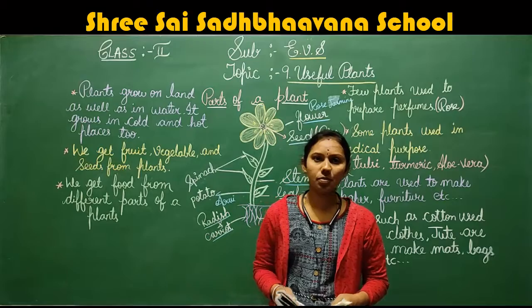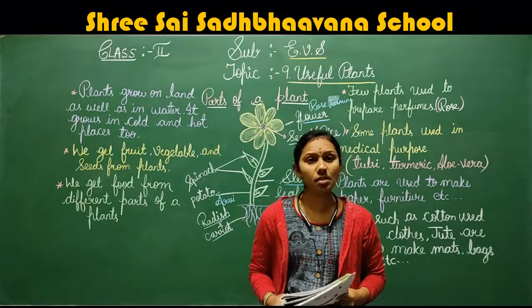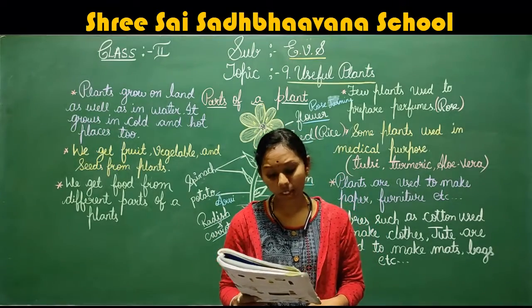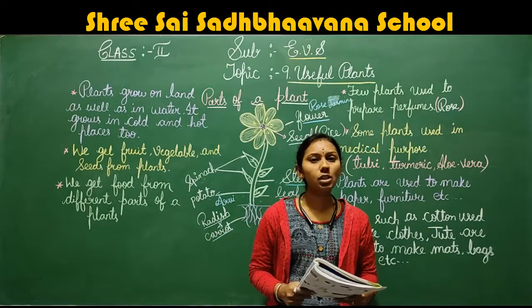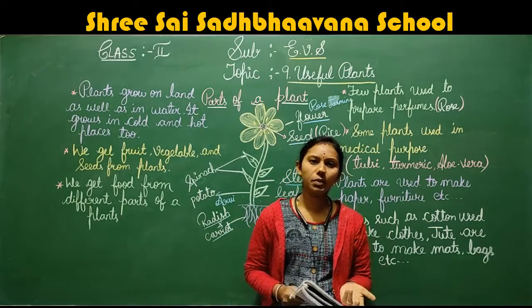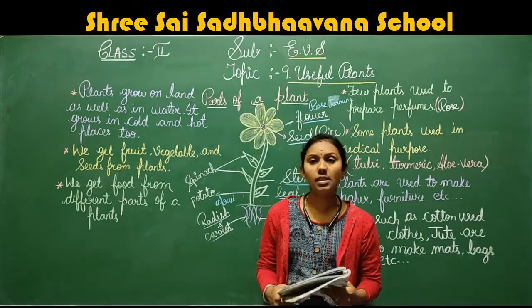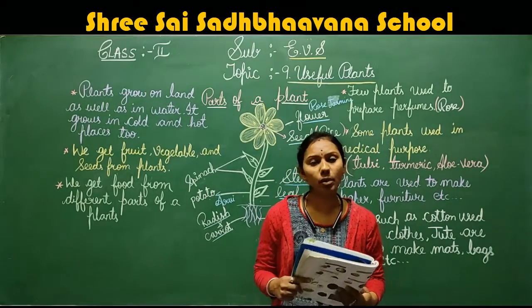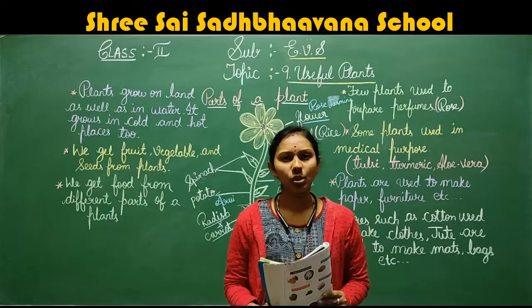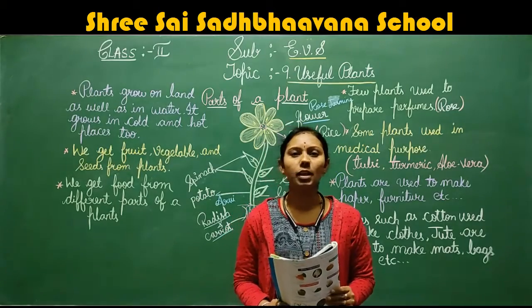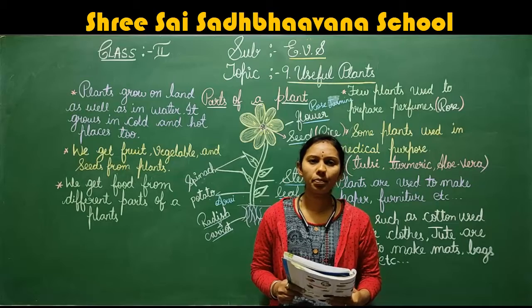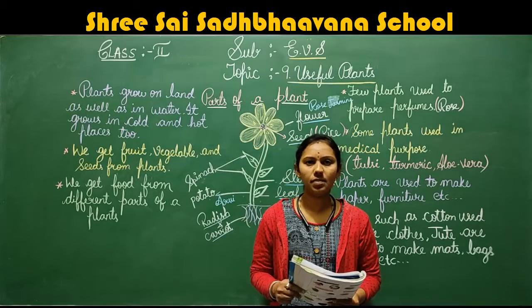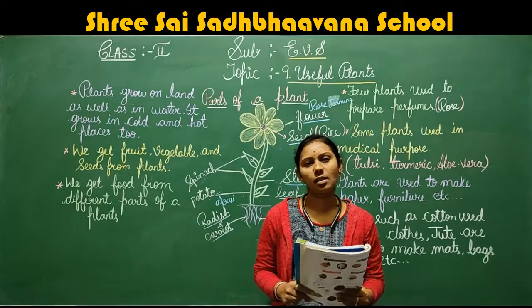Then the spices, as I told you: mustard, coriander, pepper, cloves. All these spices we get from the plants. Next, the oil. We use that for cooking, no? So this oil also we get from where? From the plants, from the seeds of the plants.